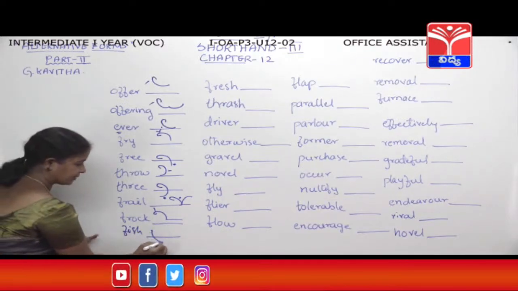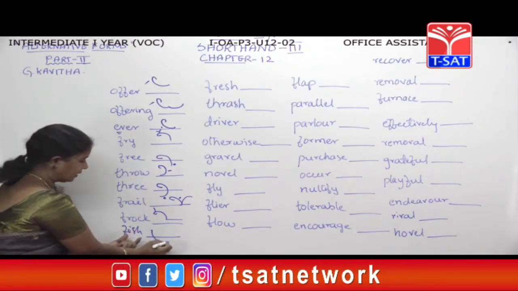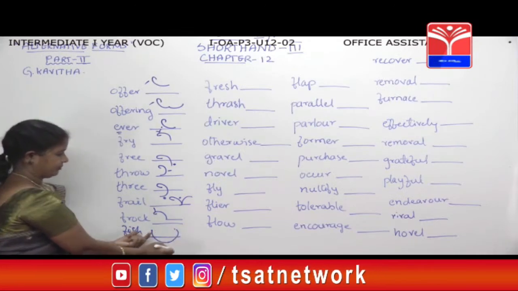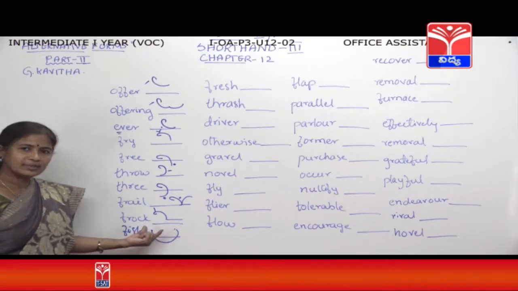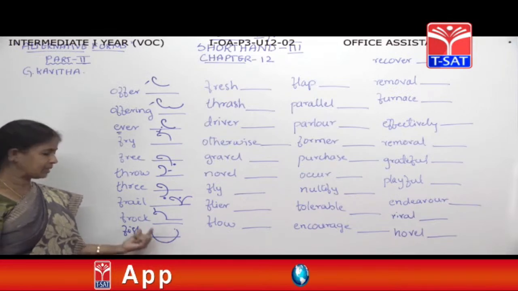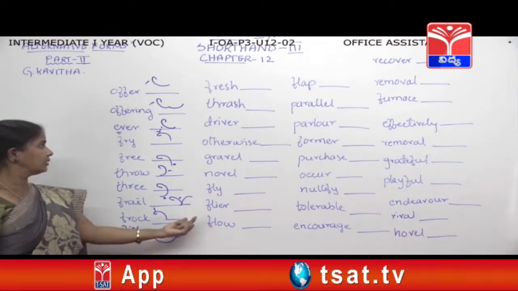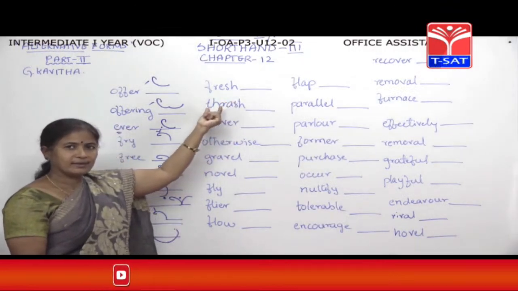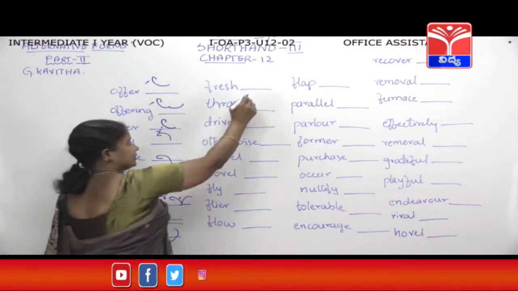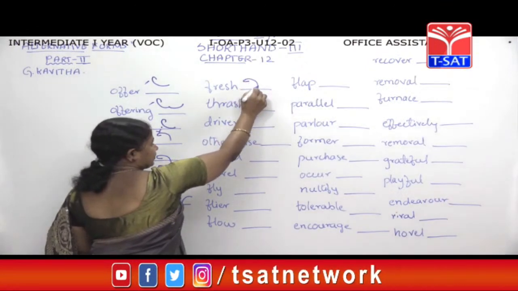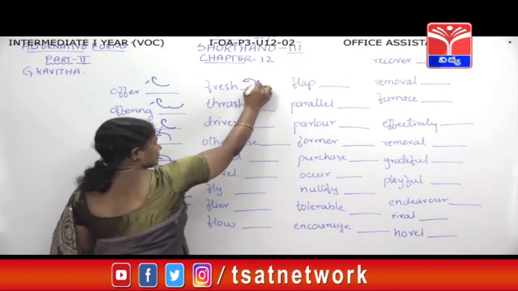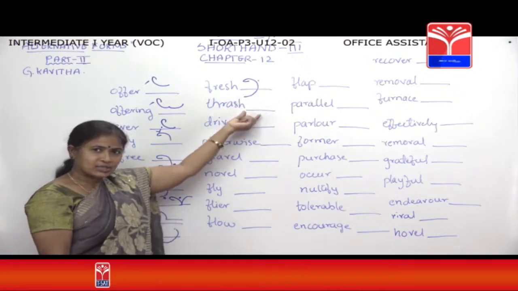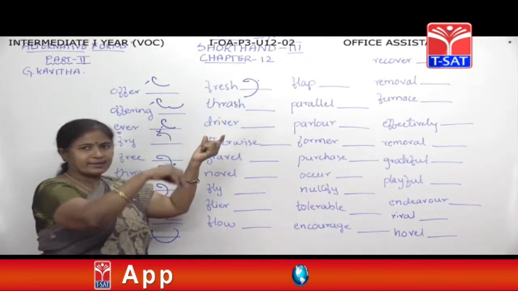F comes like this, and in this direction only, ish goes above. Ish follows the direction of the curve. Since F goes like this, ish also goes upwards. But in fresh, we have R. How should we write it? Right for and ish. Since we write the right form of for, ish comes downwards. We don't write like this.